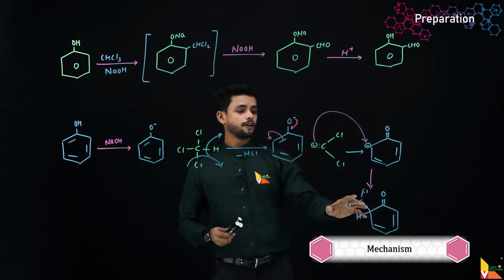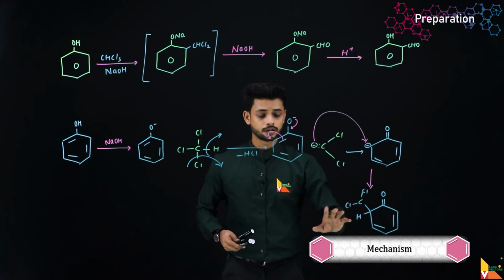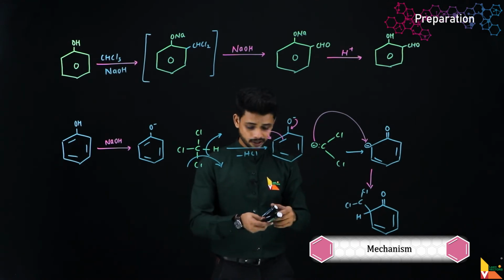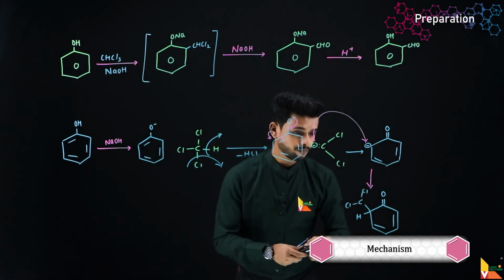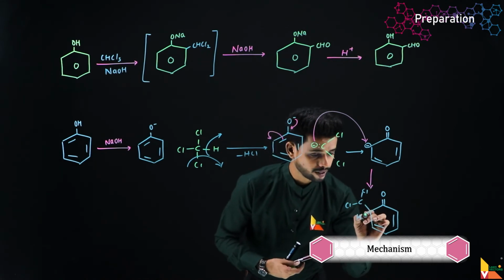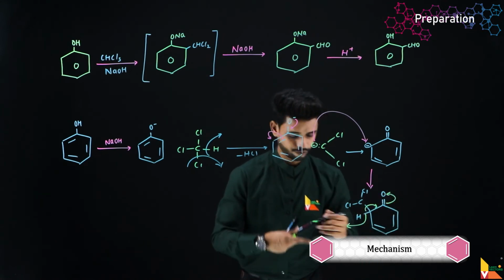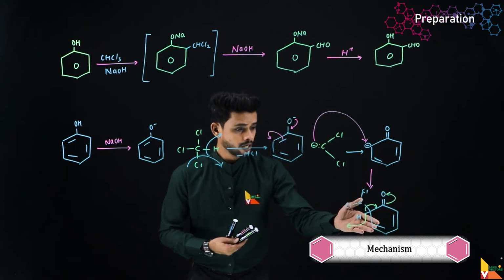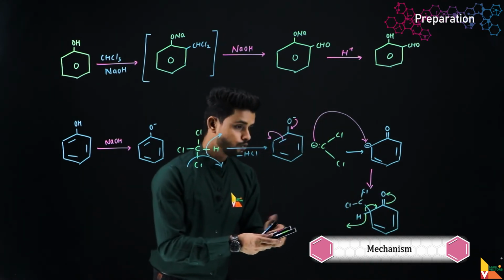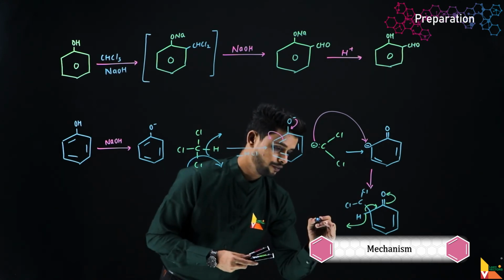Alright, now of course this is an unstable structure. Now it will try to attain stability by breaking some bonds. So here we are going to break this hydrogen free, the bond will shift here and this bond will shift here. Okay, now when this moves to this side, we will have a structure like this.